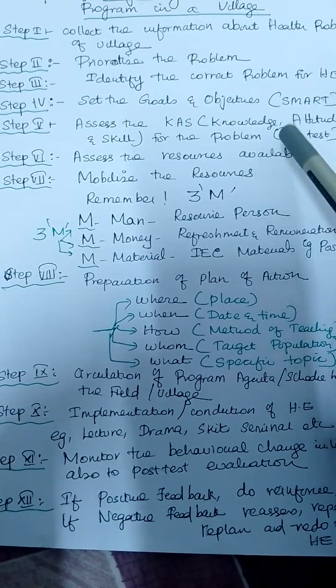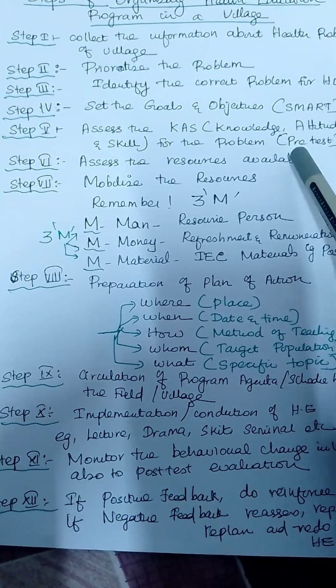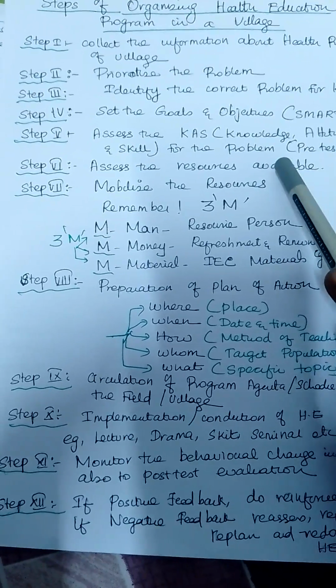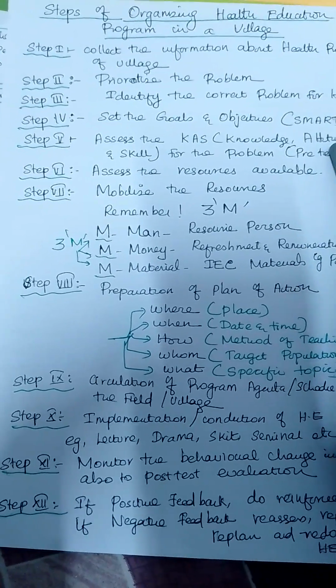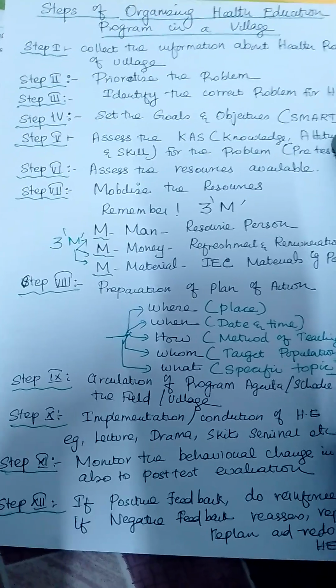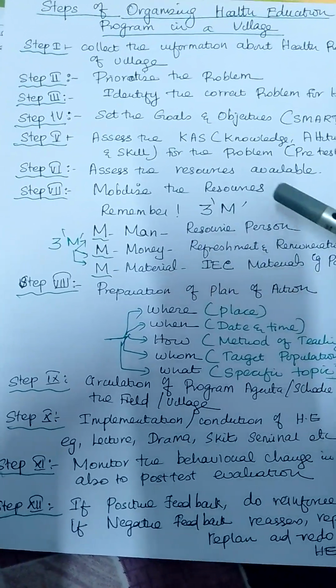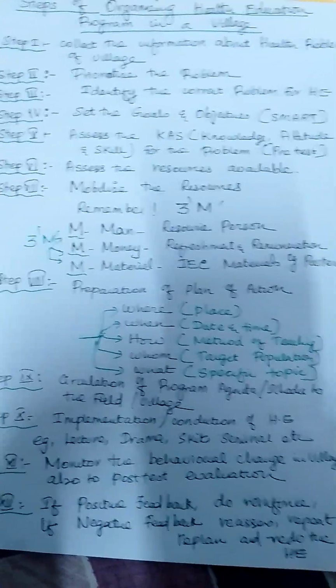Okay, next is to assess what health education I am going to give for this particular disease. Do they need knowledge only to improve, or does attitude, meaning behavior, have to improve, or do they need some skill? For example, for boiling the water, they need the skill.